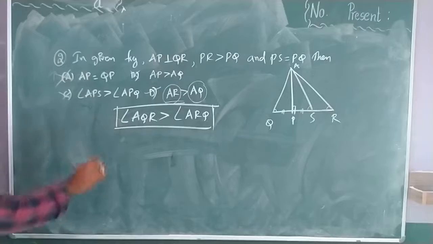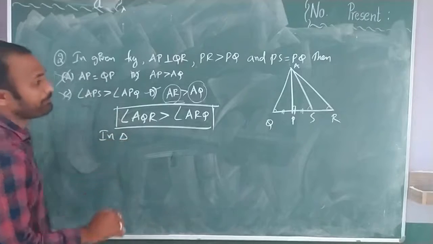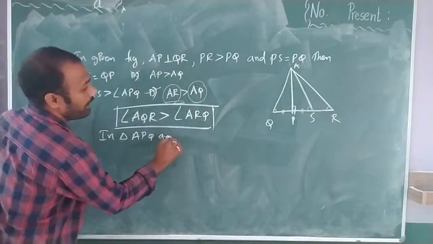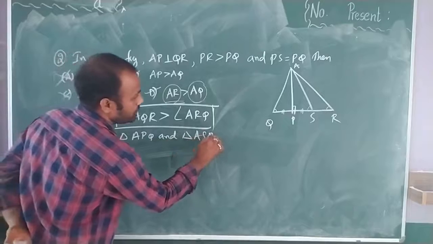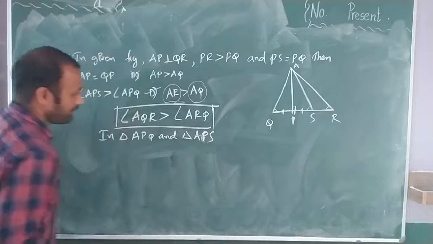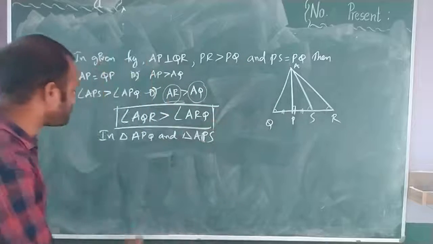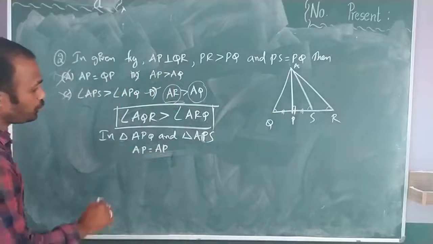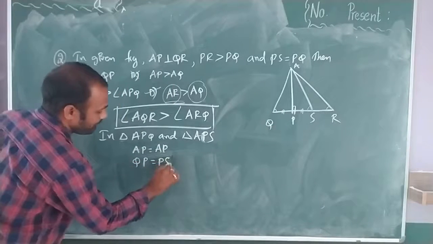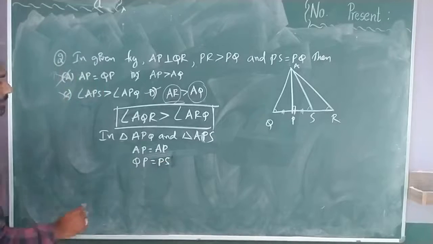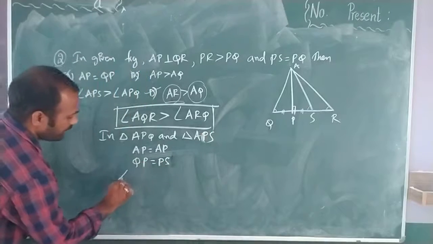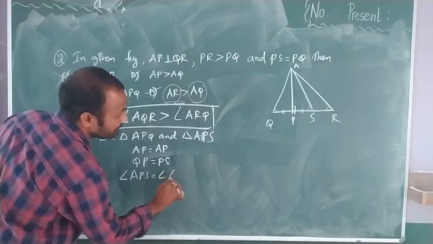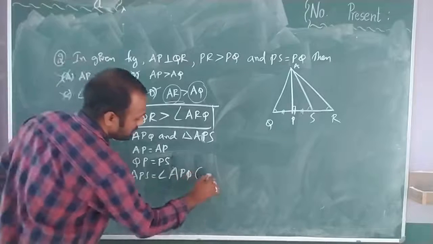So to prove it, let us take these 2 triangles first. In triangle APQ and triangle APS, AP is equal to AP, common side. QP is equal to PS, and angle APS is equal to angle APQ, 90 degrees.